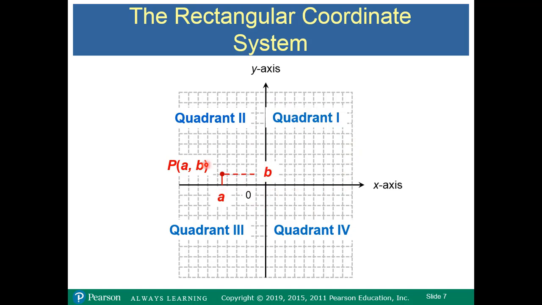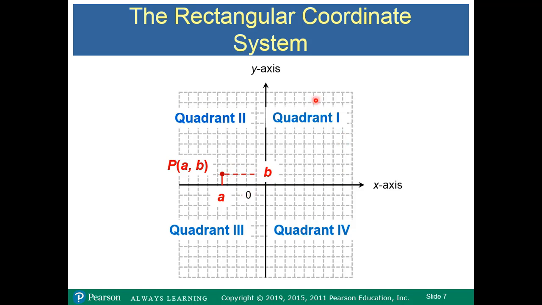Okay, so we have an x-axis and a y-axis, and if we know how many units in the y direction, and we know how many units in the x direction a certain point is located, then we can completely describe that location as an ordered pair of x comma y.